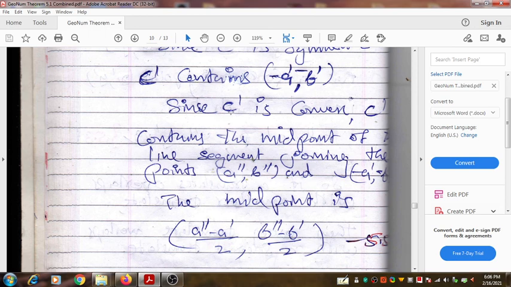Now we use the convexity of the set C prime.